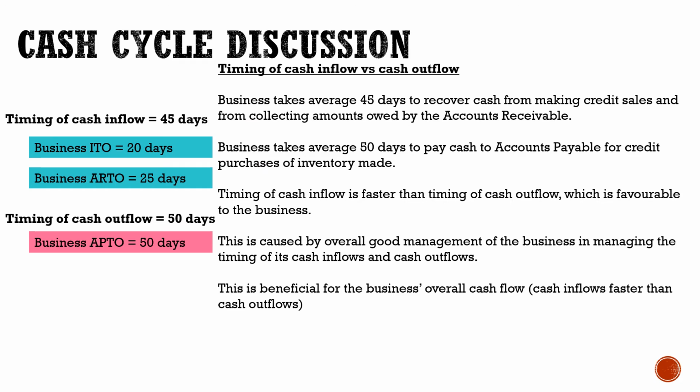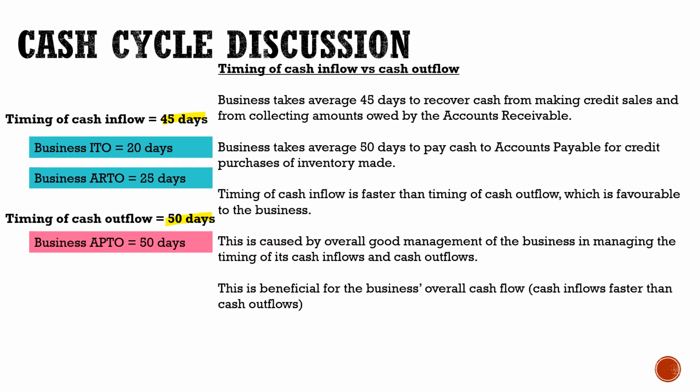When discussing cash cycle, it is important for us to also discuss the timing of cash inflows compared to the timing of cash outflows. For the business, the timing of the cash inflows was 45 days, and we calculate this by taking the business ITO of 20 days plus the business ARTO of 25 days. The timing of the cash outflow of 50 days is basically represented by the business APTO.